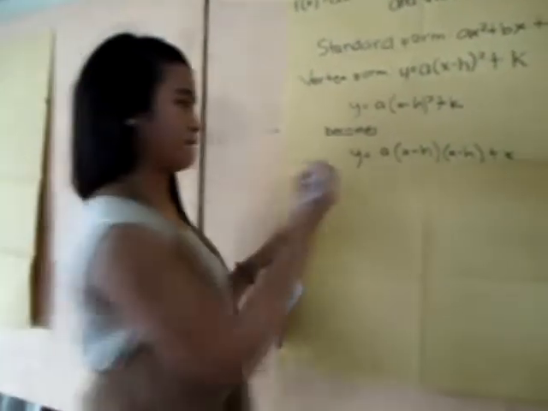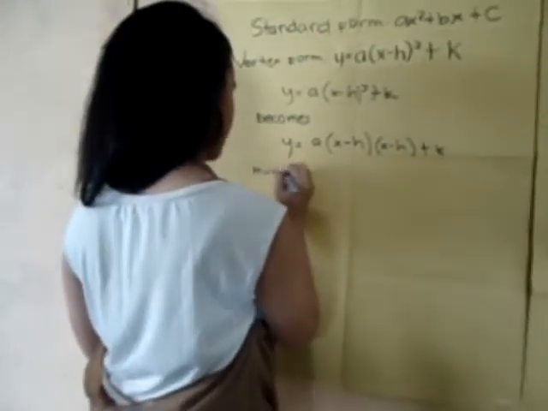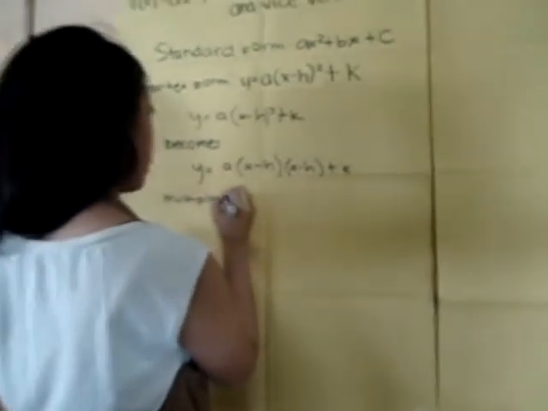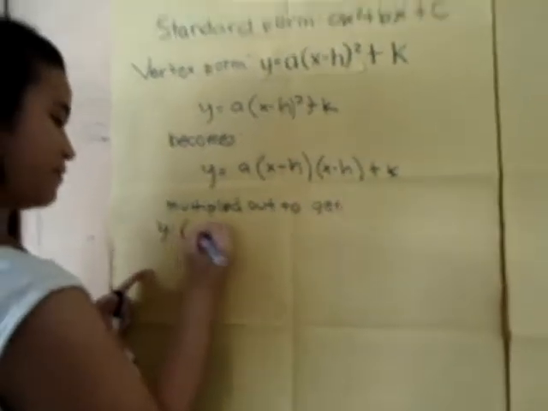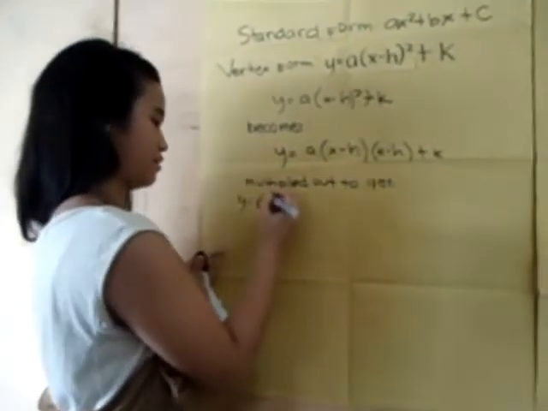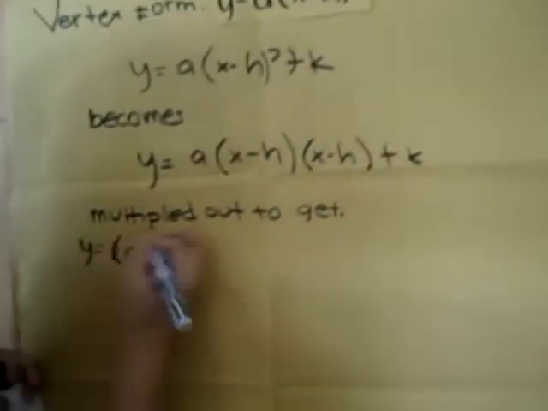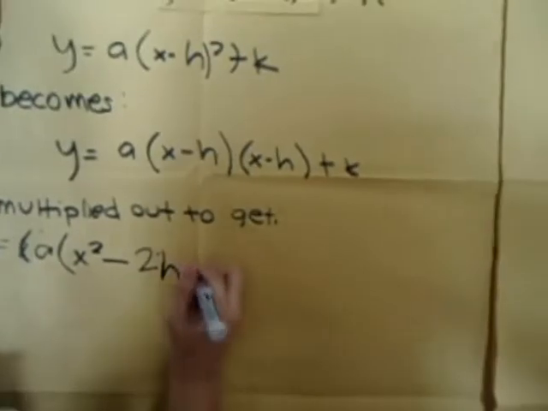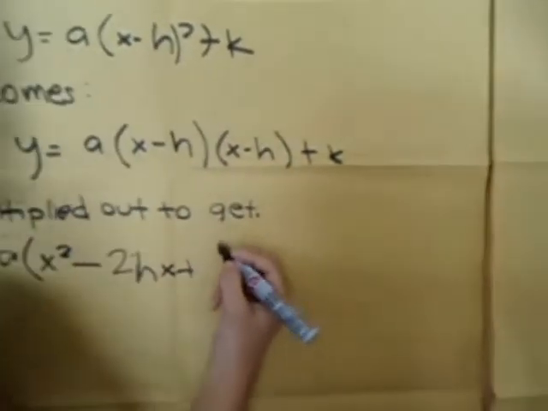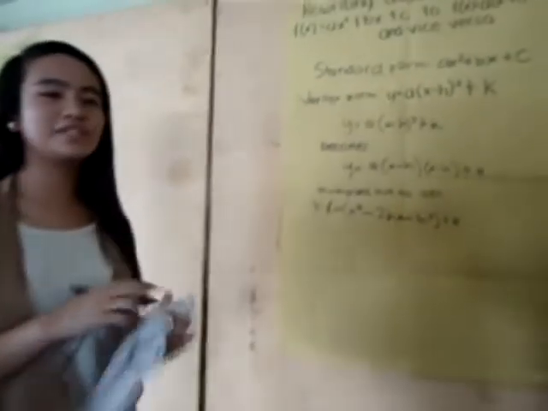Multiplied out to get... now distribute the a.